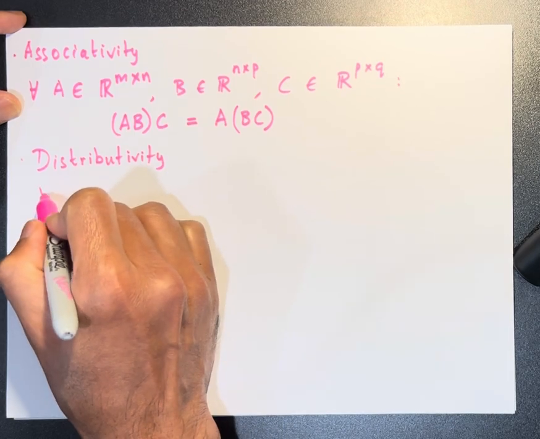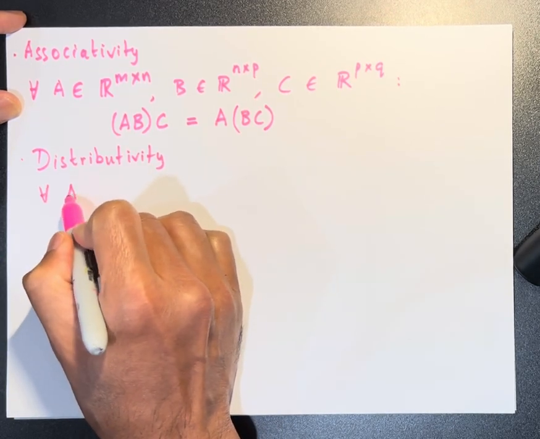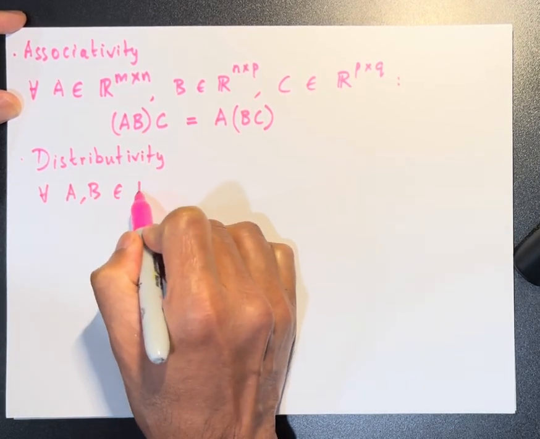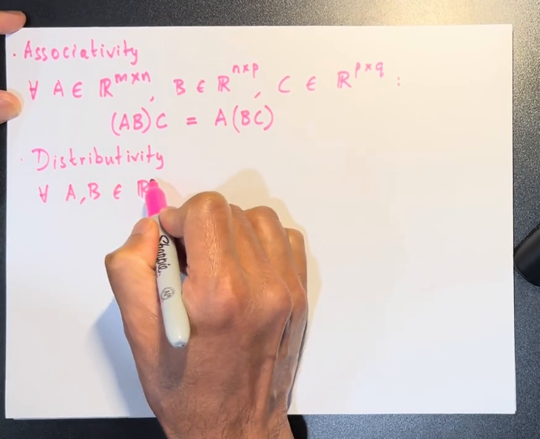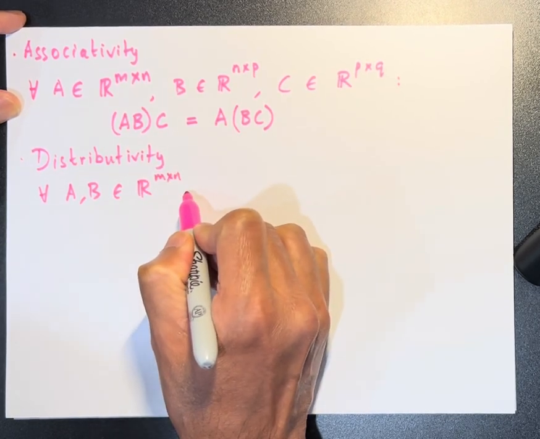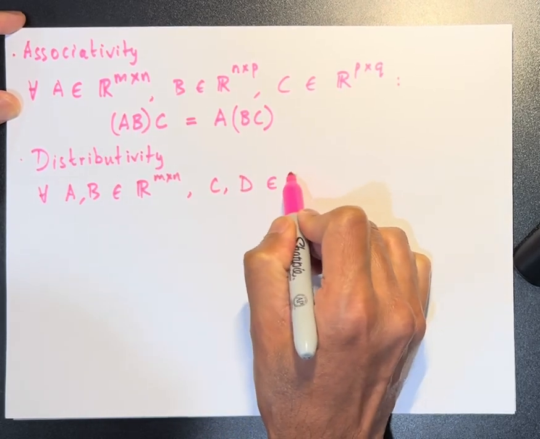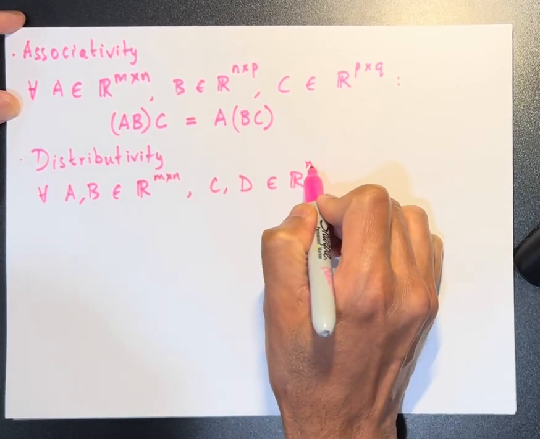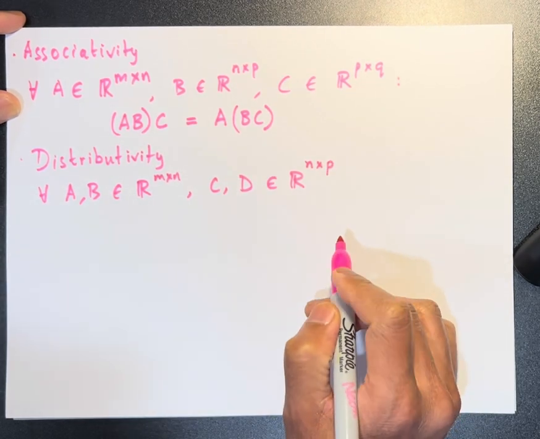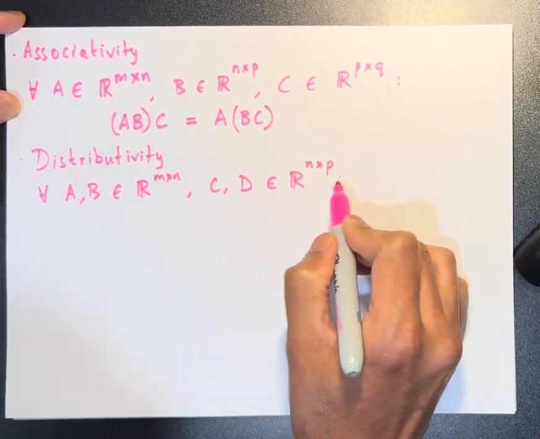In this case, for every A, B in R m by n, and then C, D in R n by p, these are the given conditions.